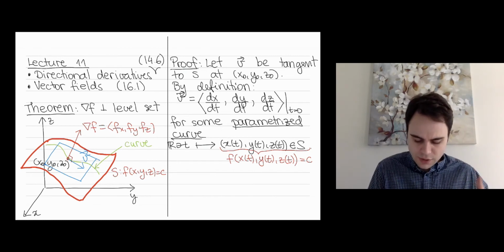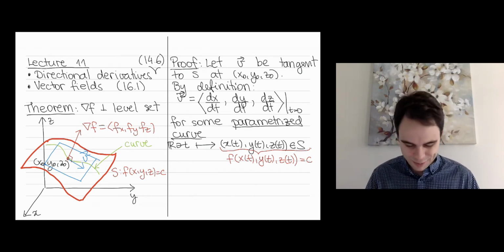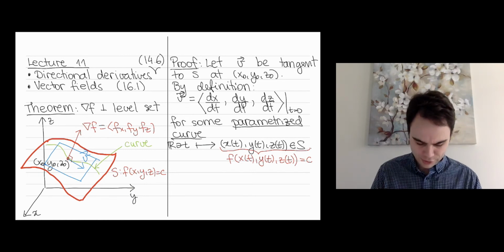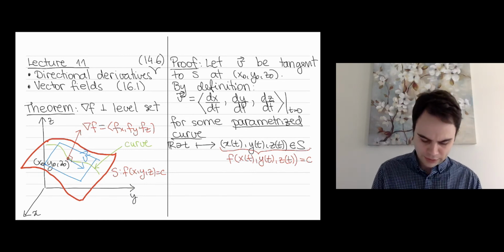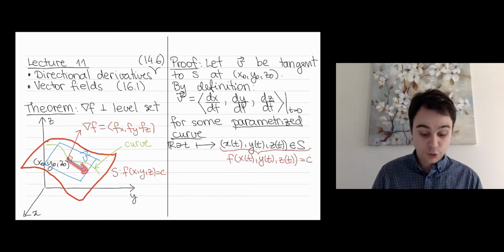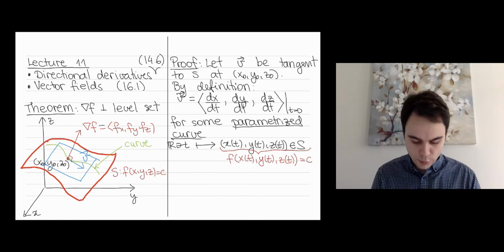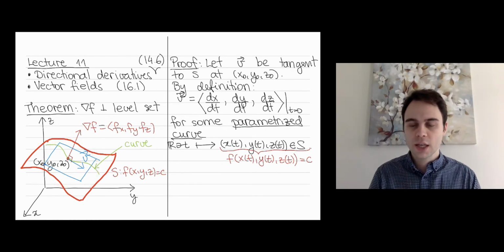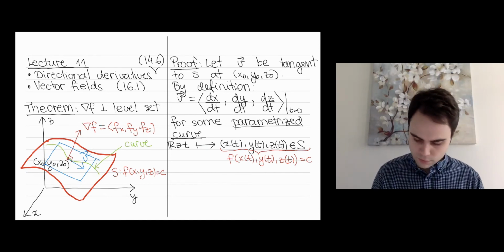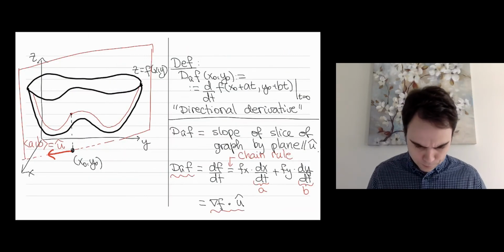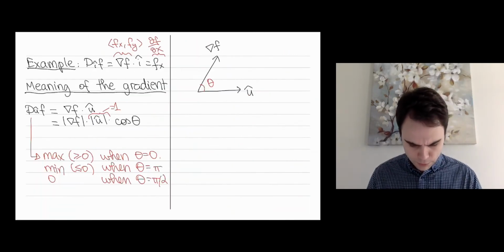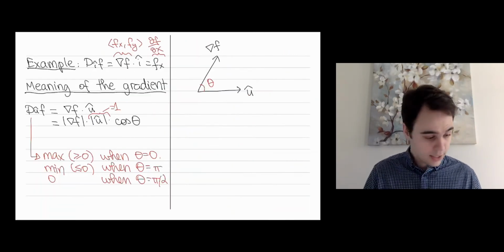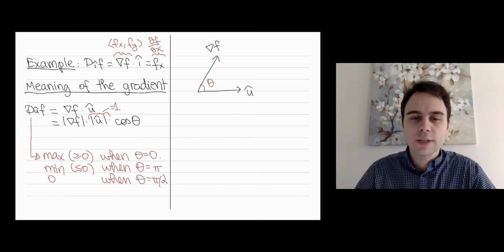Maybe I'm not making this point very well, but the two things are certainly closely related. If I'm moving in a direction perpendicular to the gradient, that would be a direction tangent to the level surface, then the function won't be changing to a first order approximation. Okay, so this is what I had to say about the gradient vector and directional derivatives.